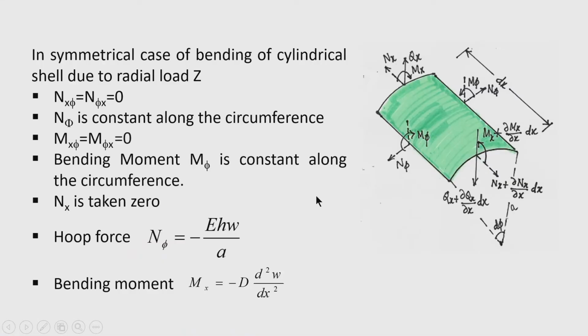So, there will be some bending moment generated at the junction of the base plate and the cylindrical wall, and we will see how it varies along the height of the tank. So, these two problems we will discuss today.